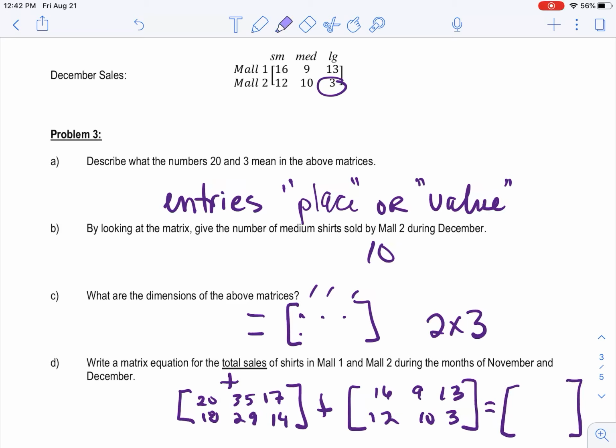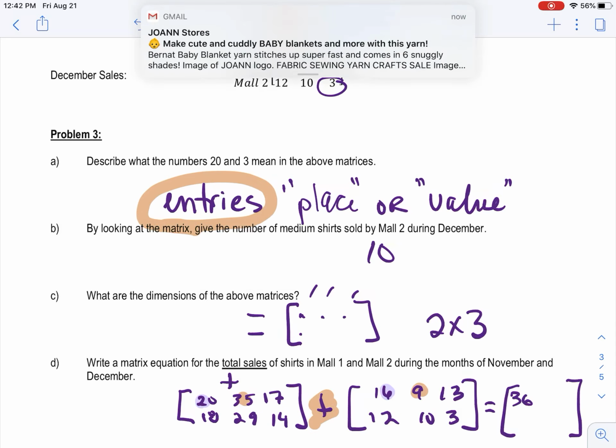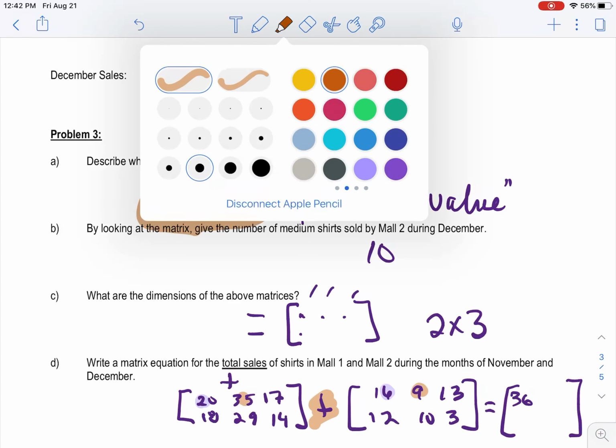So you're going to take the 20 and the 16, and that's 36. And then I want you to take 35 and 9. So the same entry in each matrix and the symbol in between, just as a reminder.